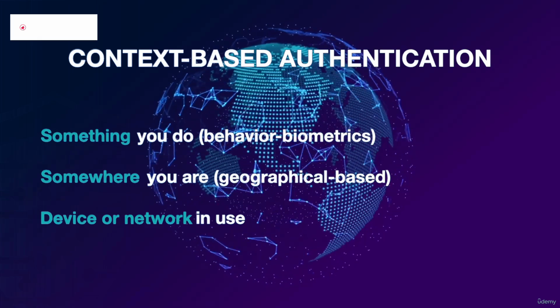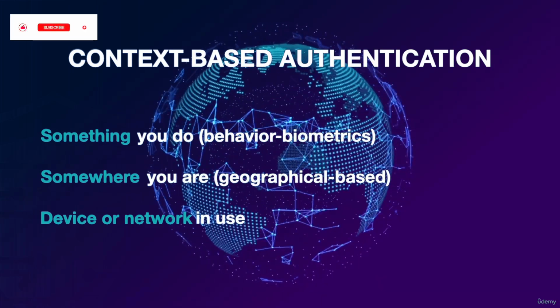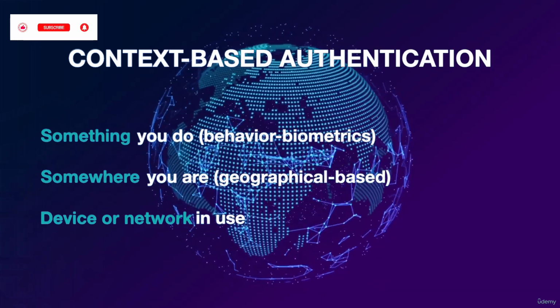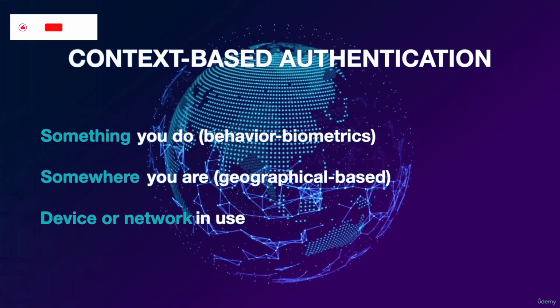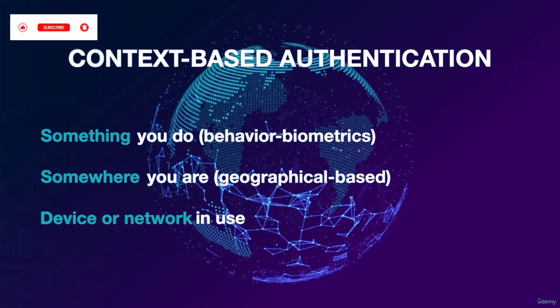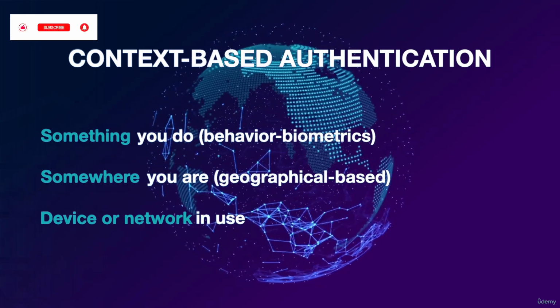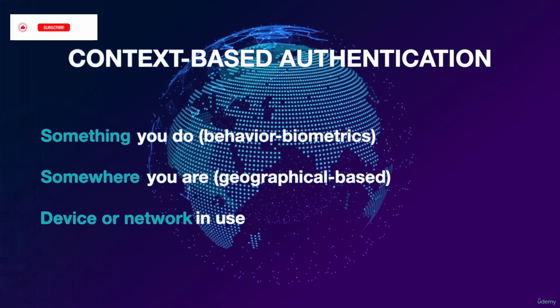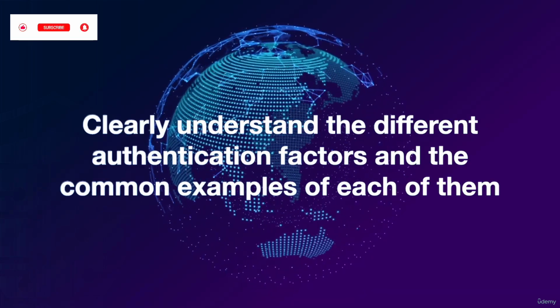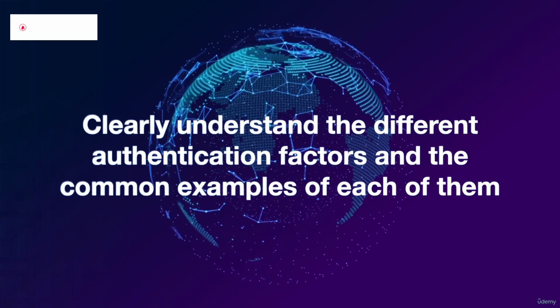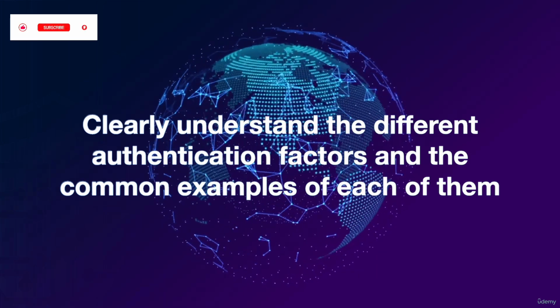Okay, so this is context-based authentication. There's also context-aware authentication, which can replace the need for password-based authentication as well. Okay, so the bottom line for this video is to clearly understand the different authentication factors and the common example of each of them within this video.